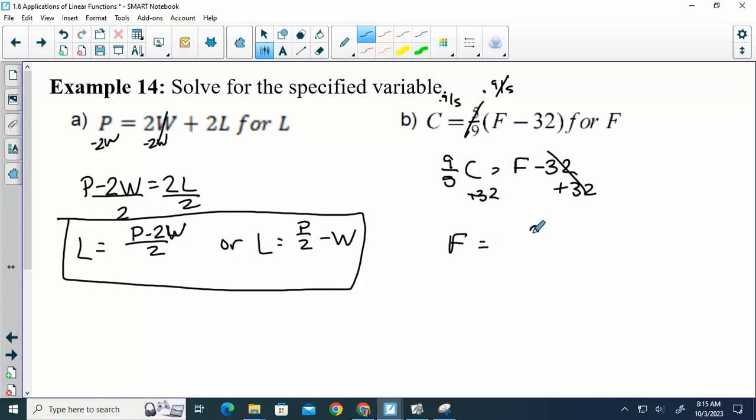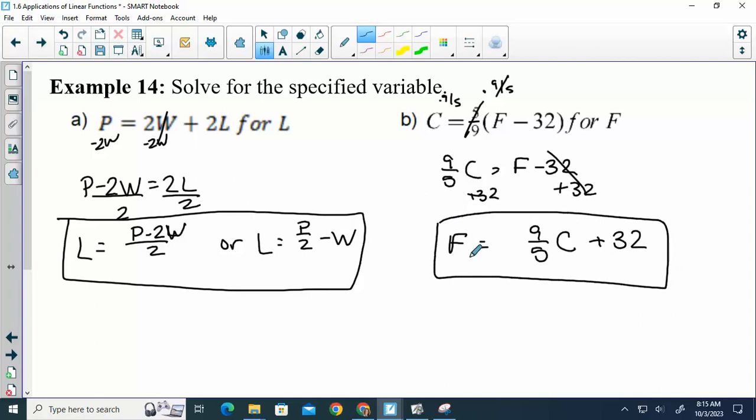So F is 9/5 C, or you could write it as 9C divided by 5, plus 32. Any questions on those?